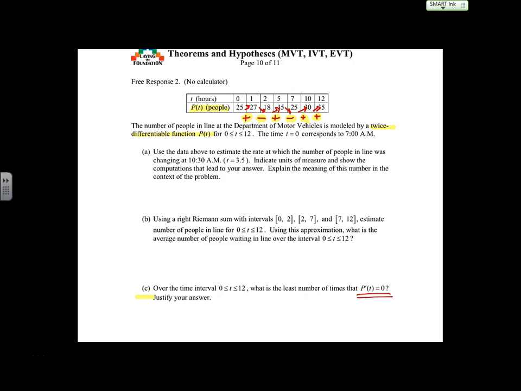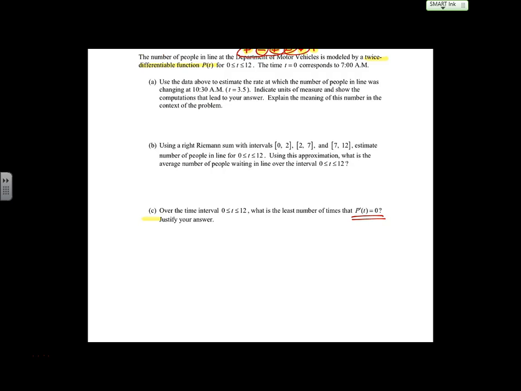At least once between, I guess I should say, 0 to 2, 1 to 5, 2 to 7, 5 to 10, is that right? Or you just count your sign changes and say, hey, I have one sign change, that's 1, that's 2, that's 3, that's 4. So how many times are the least number of times? 4. 4 times.